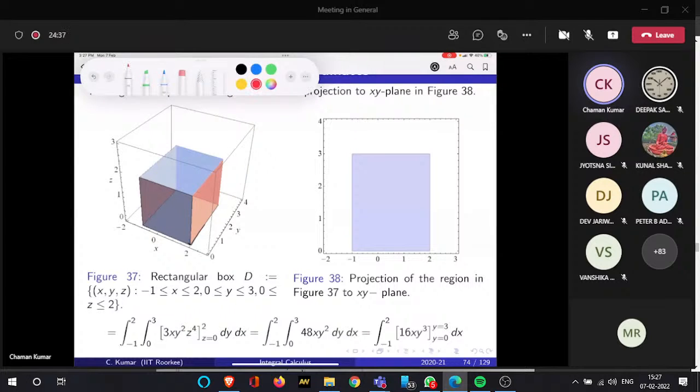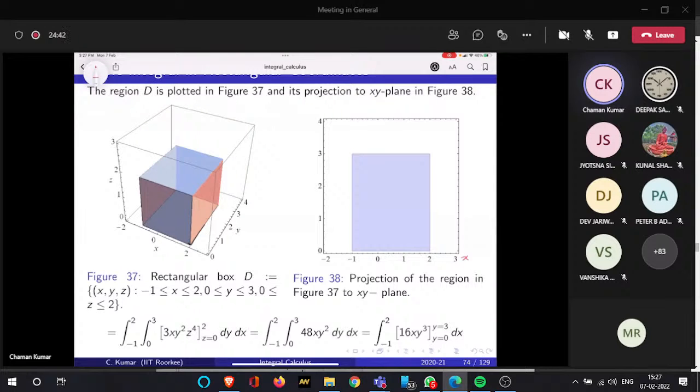So from the right picture, one can easily see that you have this x-axis here, and this is the y-axis. x lies between -1 and 2, and y lies between 0 and 3. So this is the rectangle that you obtain, which is the projection of the domain, this three-dimensional rectangle, in the xy plane.